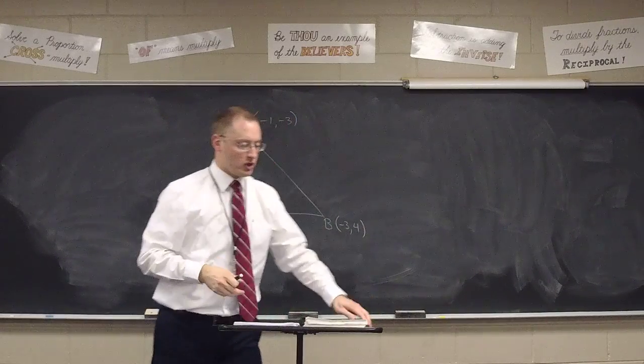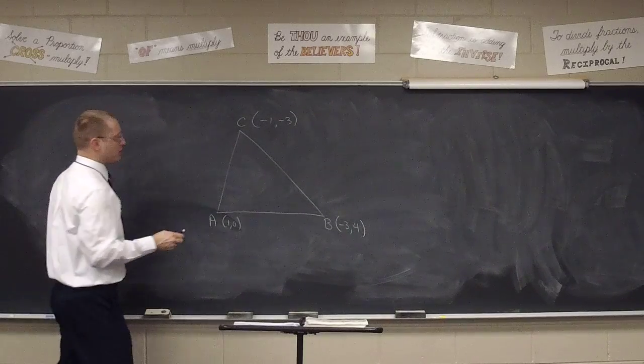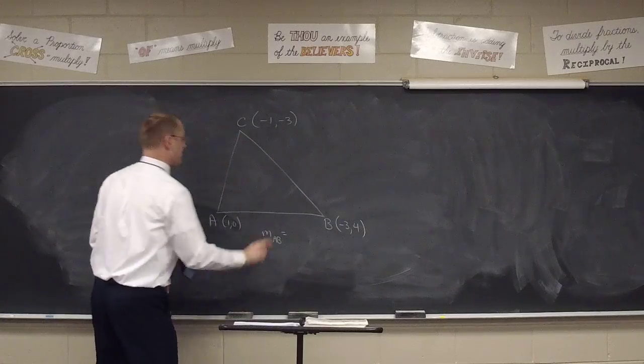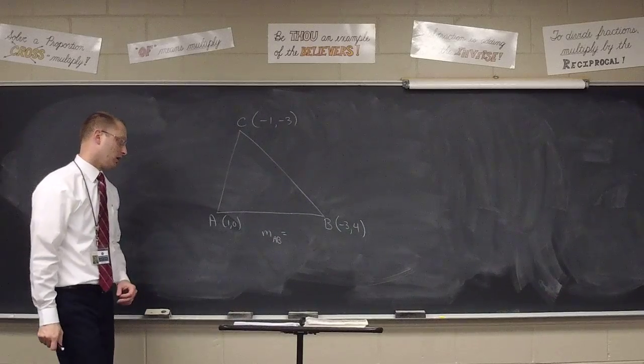And it doesn't want the length of each side, it wants the slope of each side. So let's go and find the slope, little m, remember, sub AB. And what do we get for the slope of AB? Call it when you've got it.